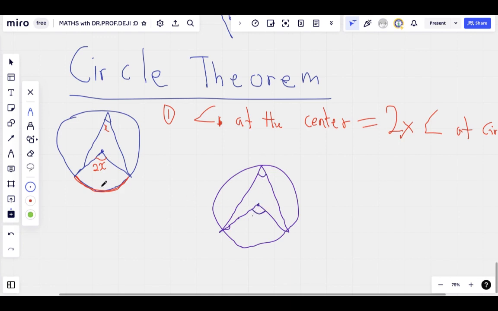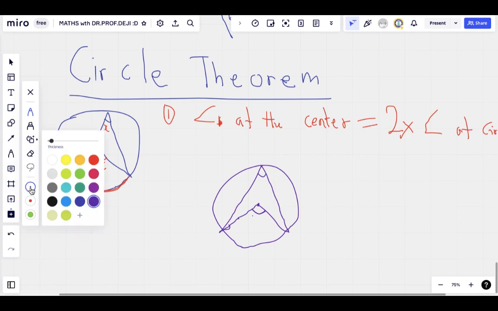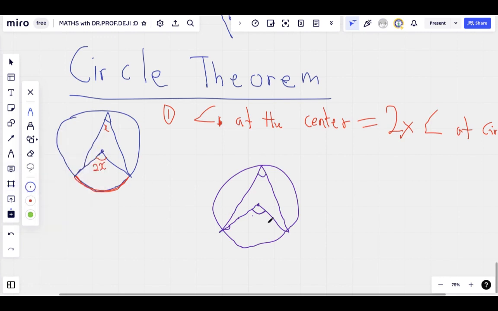I say here is 130 degrees, for example. Then I say, what is x? Find x, if here is 130 degrees.